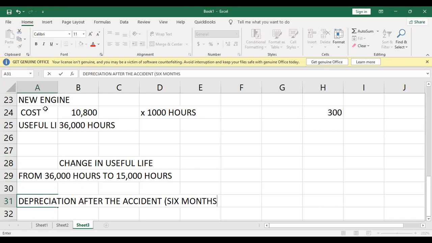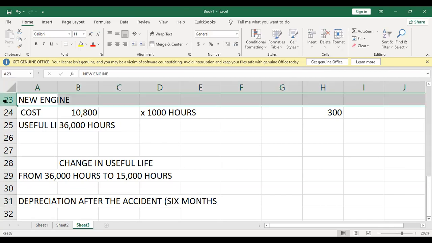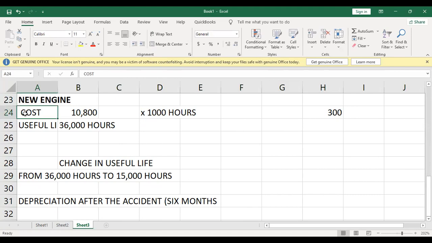This is the calculation for the new engine: the cost 10.8 million and the useful life. So we had done that one for the new engine.